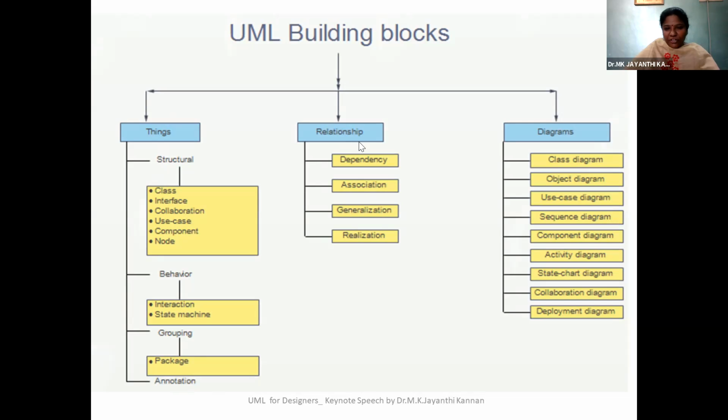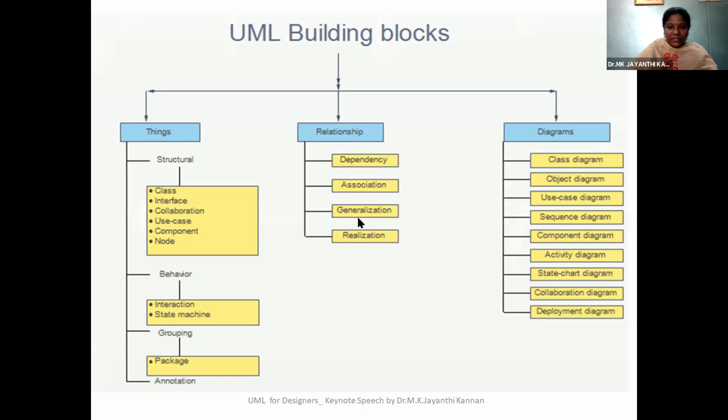If you take relationships, we can represent only 4 types of relationships in UML diagrams. One is dependency. Dependency is represented using an arrow mark, using solid or dotted lines with direction. Association is also represented with arrow marks in one direction or bidirectional.